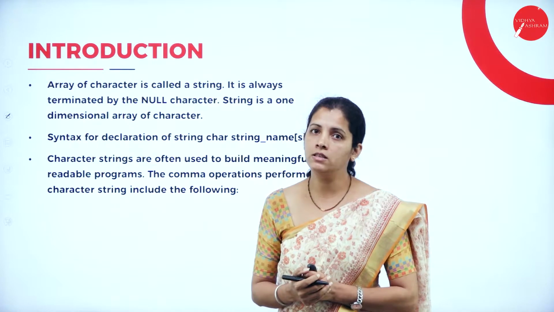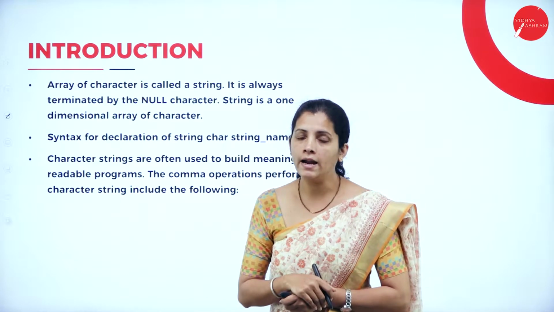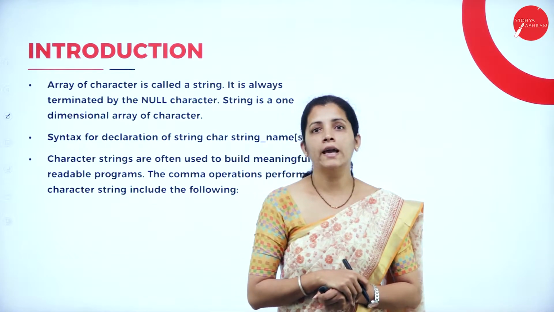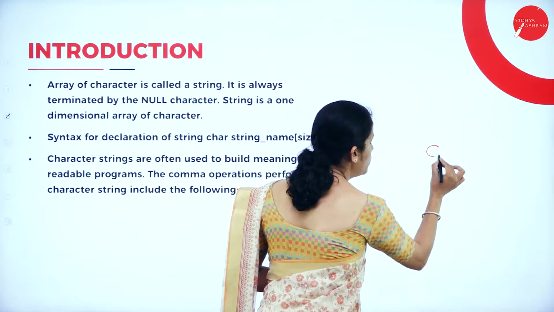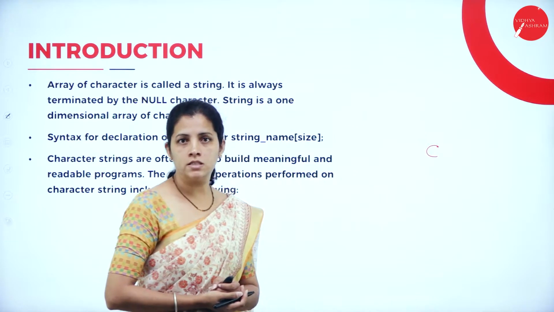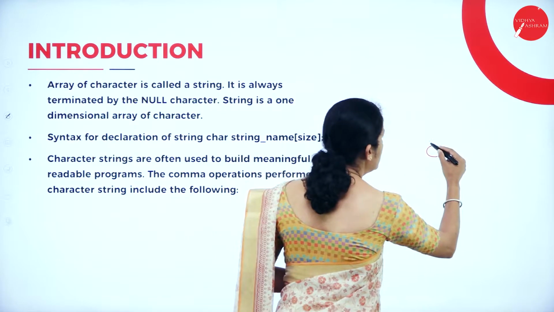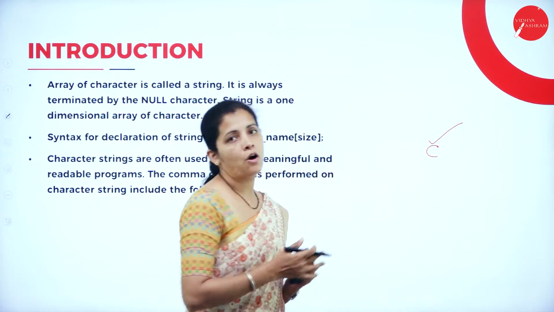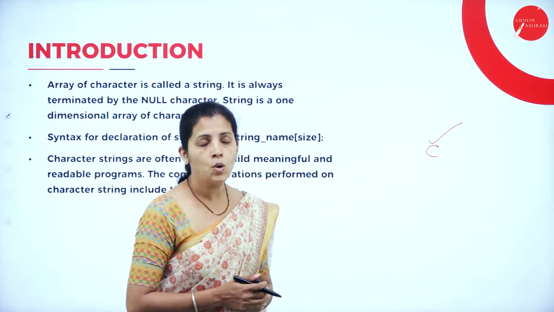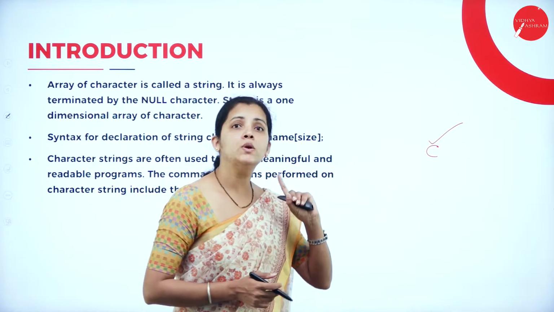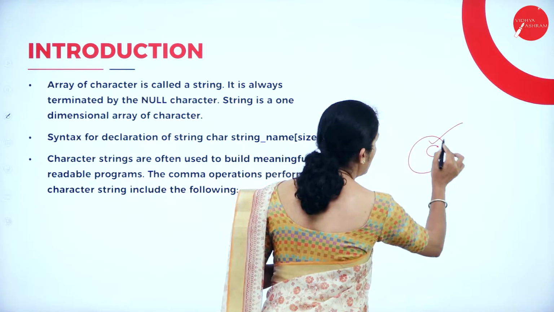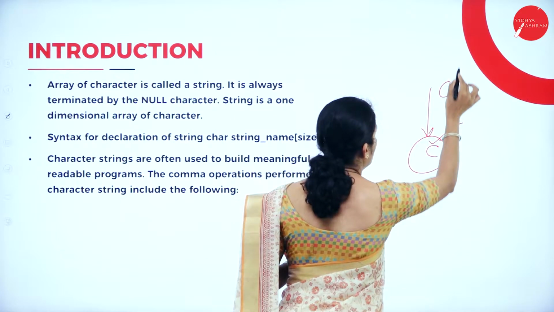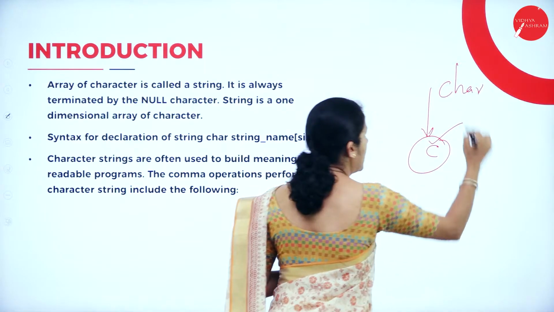So what is a string? Before that, let me consider an example here. Now think that I have only one letter, C. Now tell me, is it a string or a character? When I have only one letter, it is treated as a character.